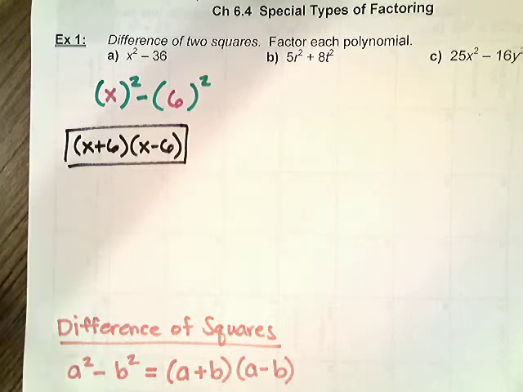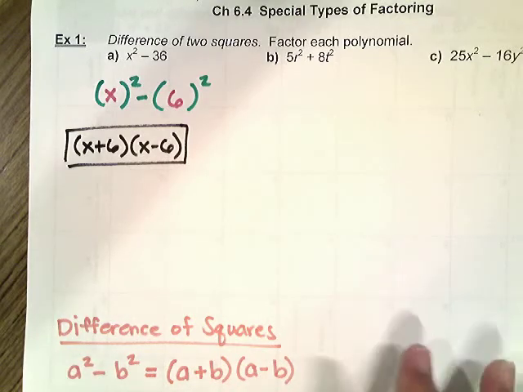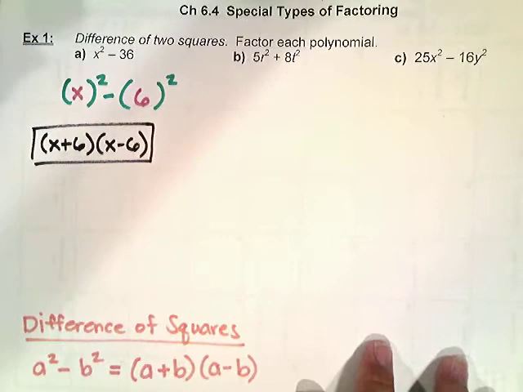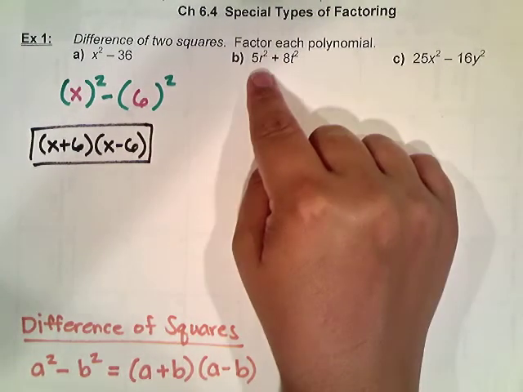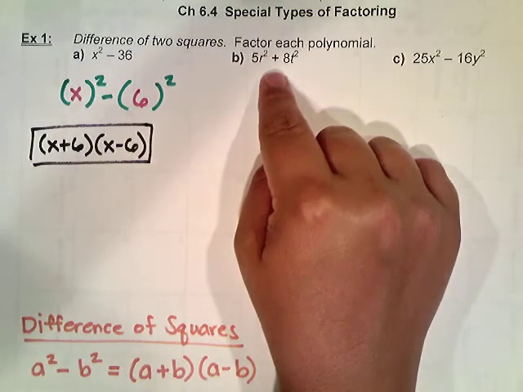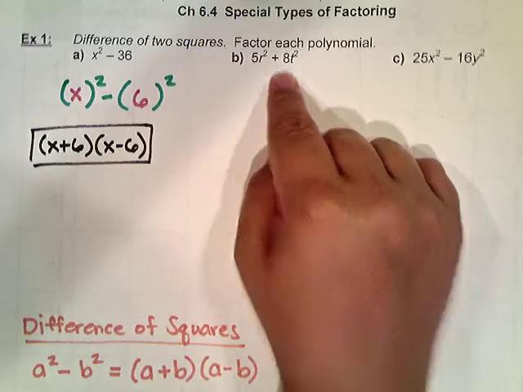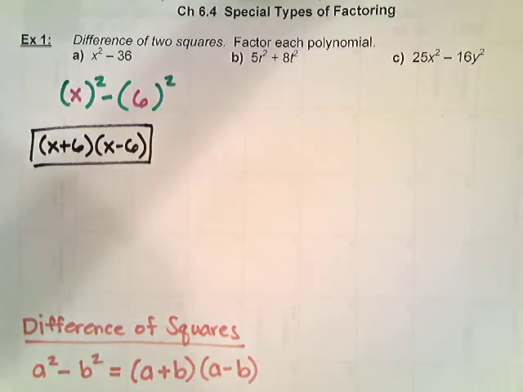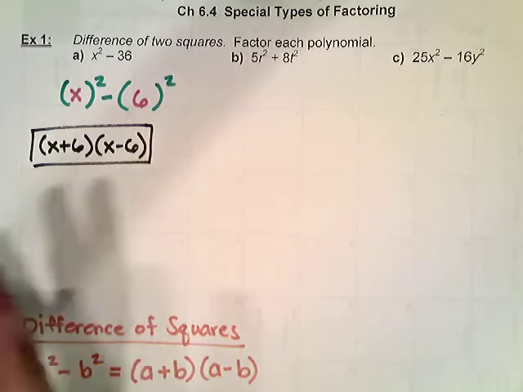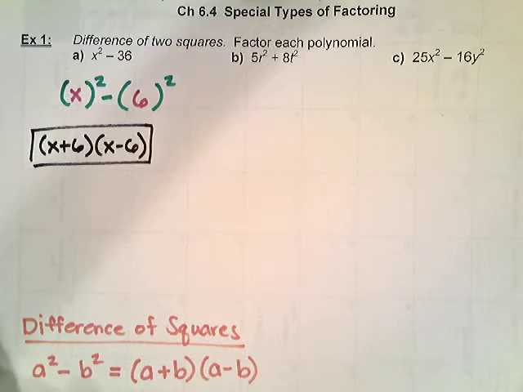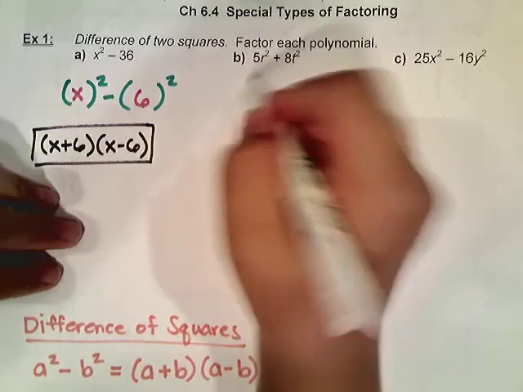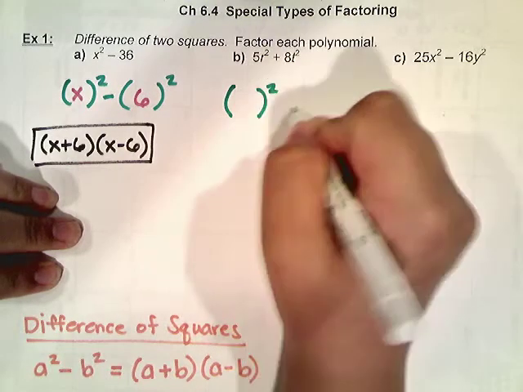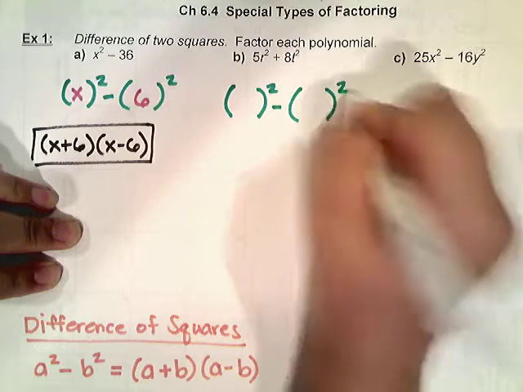So let's go ahead and apply this a few more times so that we can make sure we have a good understanding. In example 1 part B, we have 5r squared plus 8t squared. Now, in this case, again, we're asking ourselves, okay, can we write this as something squared minus something squared?